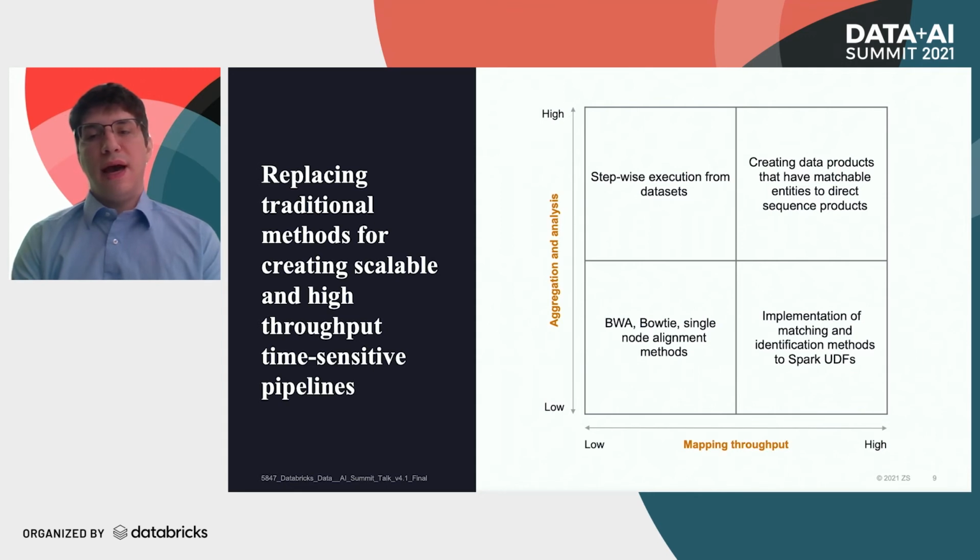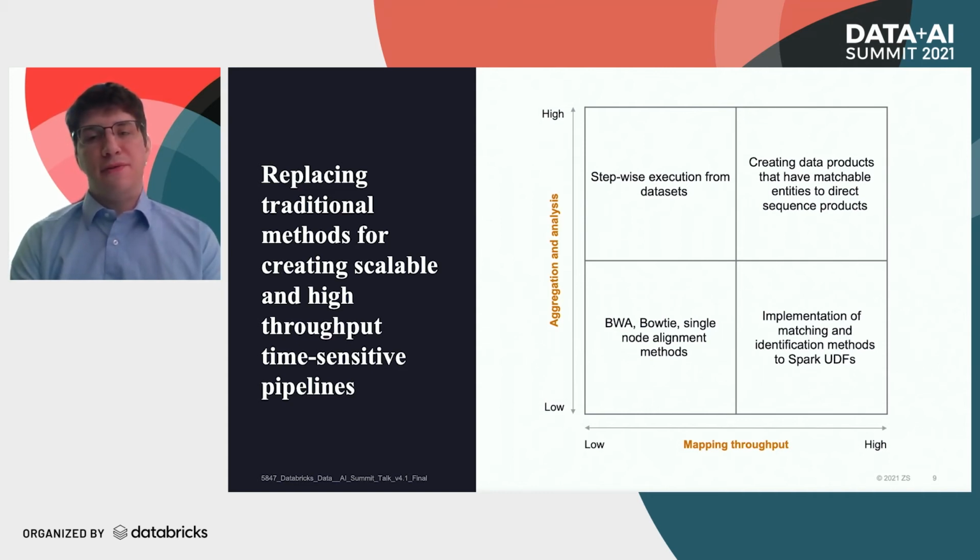One being, how fast are we able to map those reads to reference genomes? Traditional human genome reference mapping times are on the magnitude of 4+ hours using traditional aligners on a single node compute. ZS has experimented with developing multiple curated data products that allow us to cut that time to below 1 minute using significantly large, scalable Databricks Apache Spark clusters.